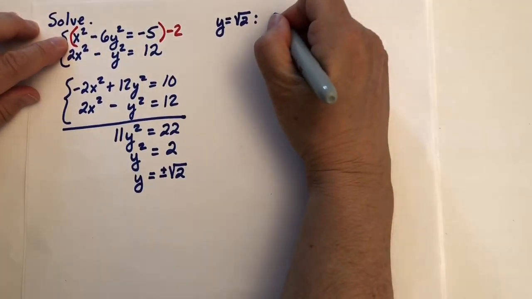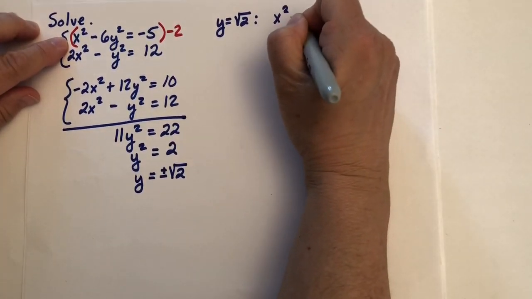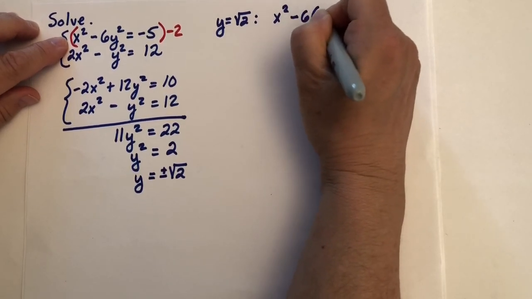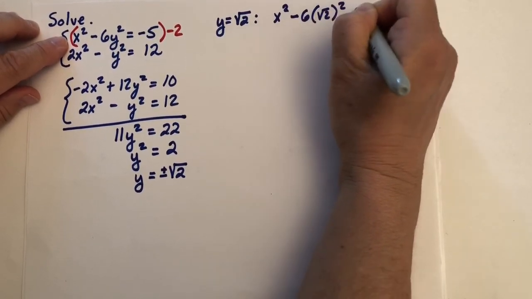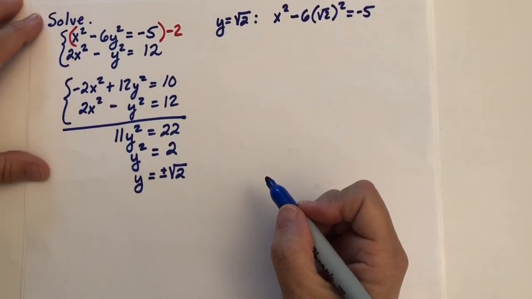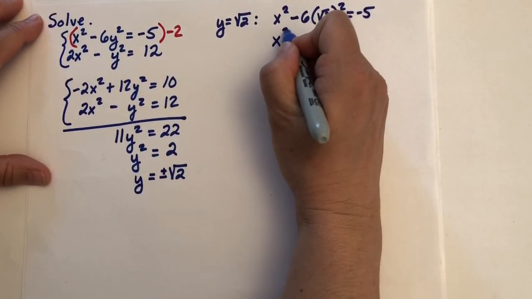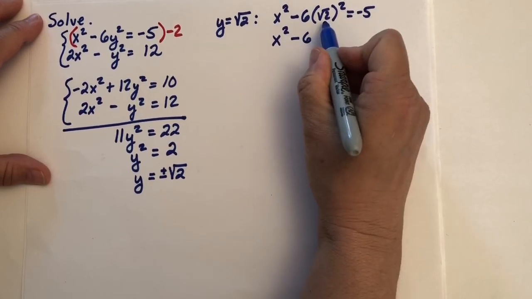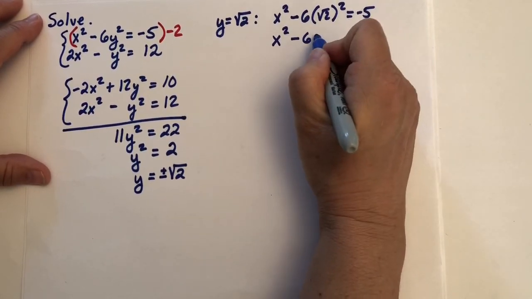So I have x squared minus 6 times the square root of 2 squared equals negative 5. Let's see, that's x squared minus 6 times 2. Square root of 2 squared is just 2.